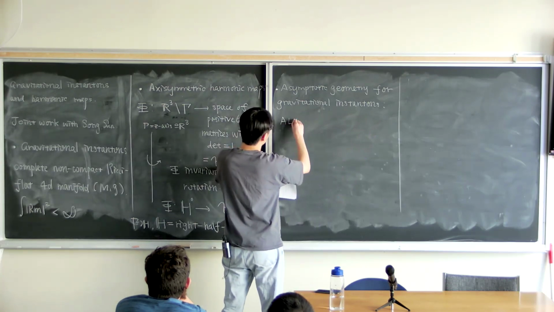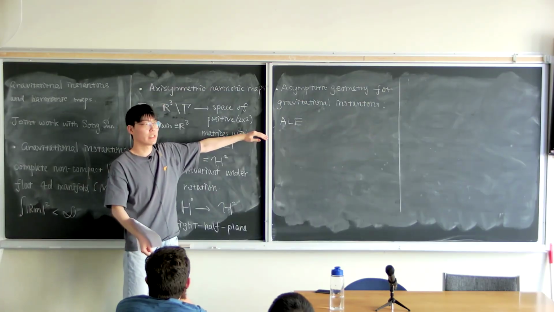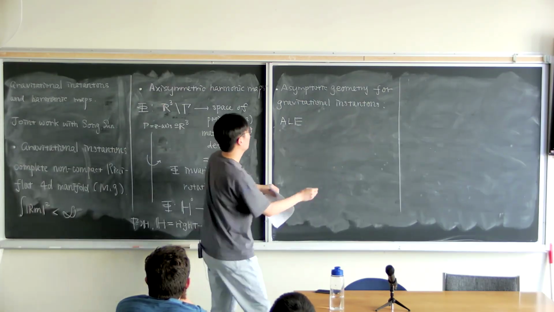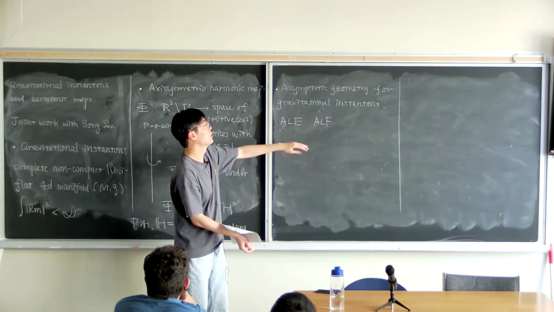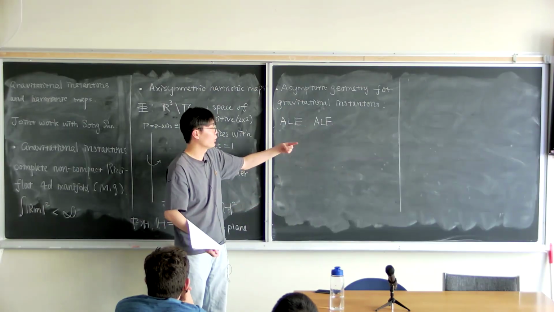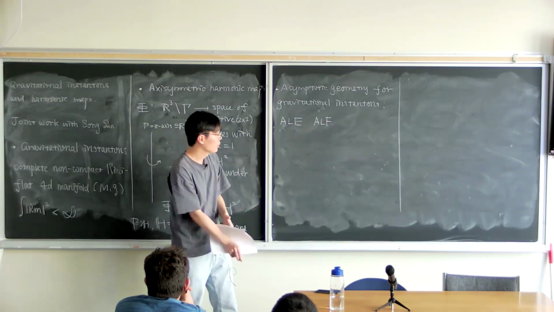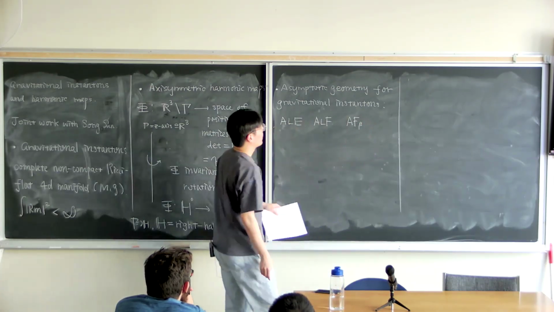So there's the ALE gravitational instantons. This basically is just the quotient of the Euclidean space. And there's the so-called ALF gravitational instanton. This ALF model is just a circle fibration over a flat three-dimensional space, and the circle fibration stays constant size at infinity. And there's also the AF beta asymptotic model.